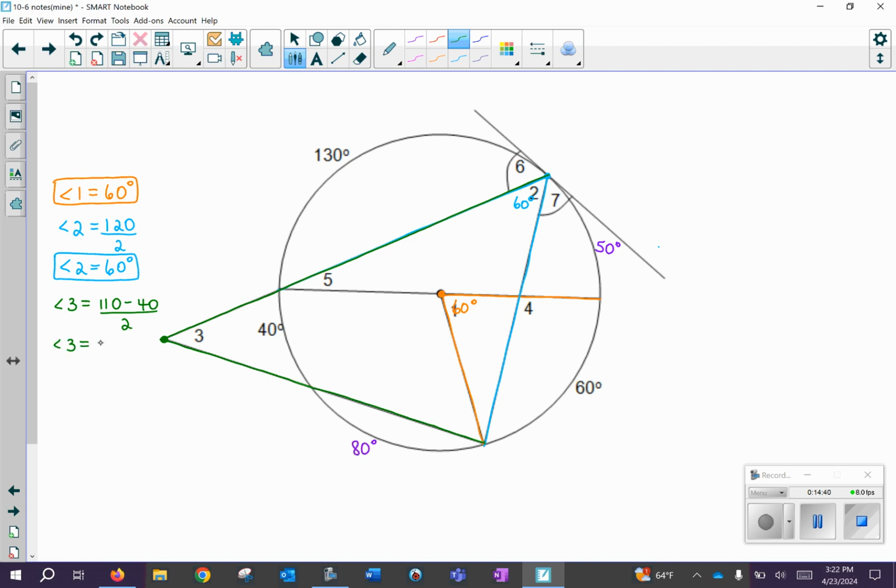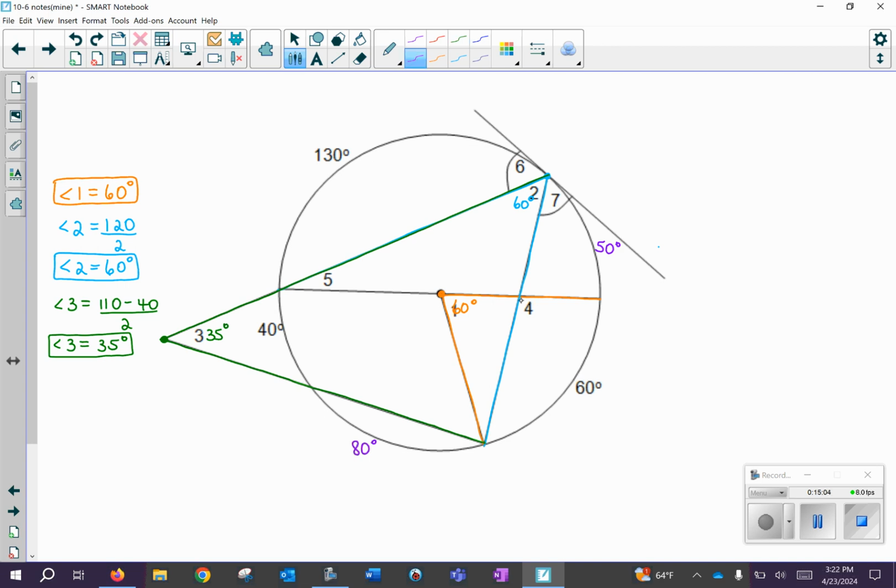So angle 3 is 35 degrees. All right, here's angle 4. Sorry, I need to go back to 3 and put in 35 degrees. Okay. All right, angle 4, right here.